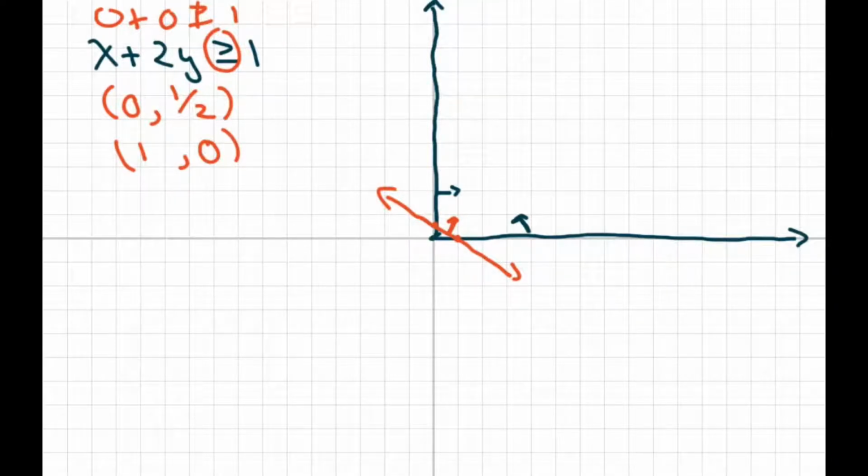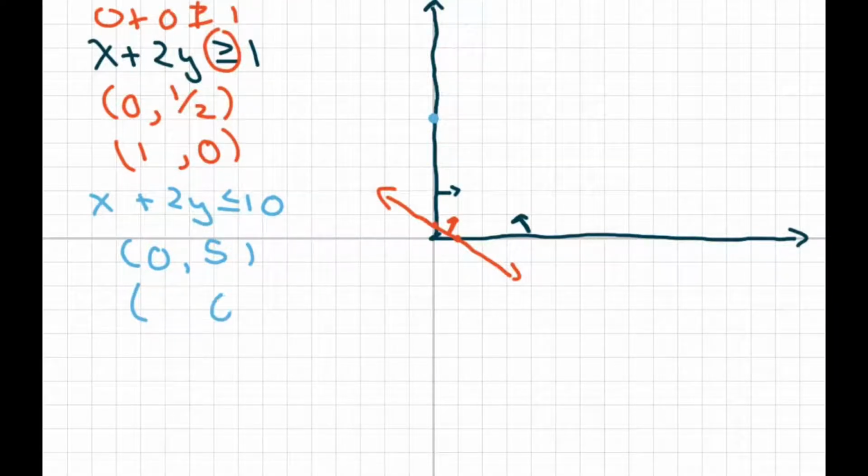The next one we have was x plus 2y is less than or equal to 10. So when x is 0, y is 5. 1, 2, 3, 4, 5. And when y is 0, x is 10. So we're going to go out 1, 2, 3, 4, 5, 6, 7, 8, 9, 10, and graph those together.